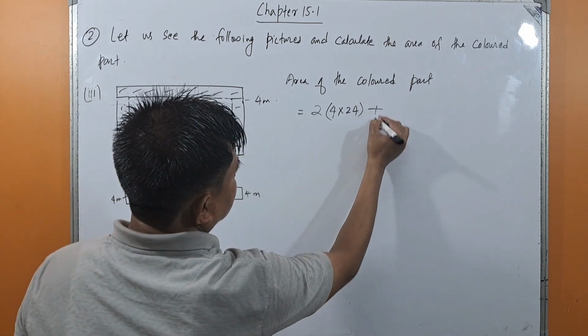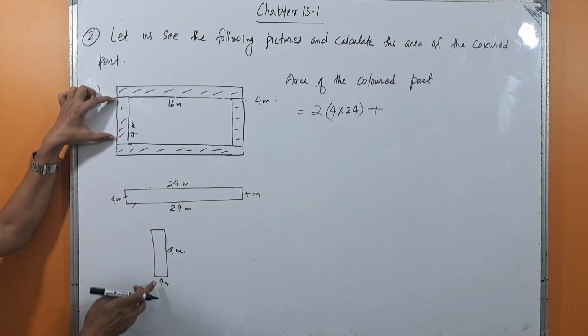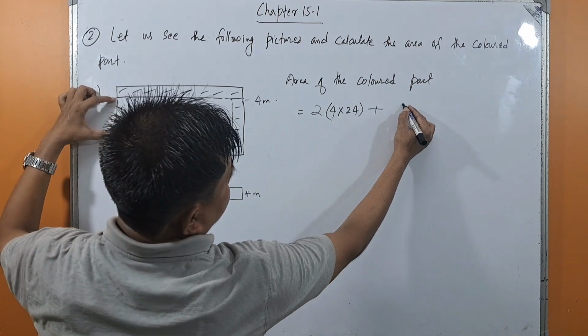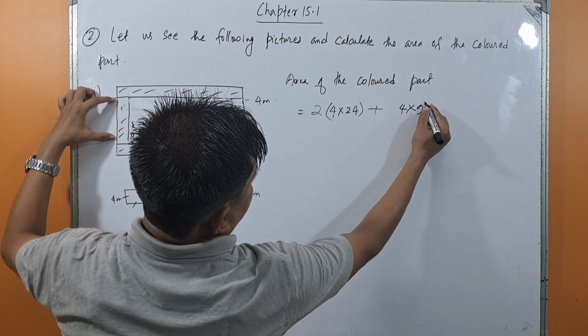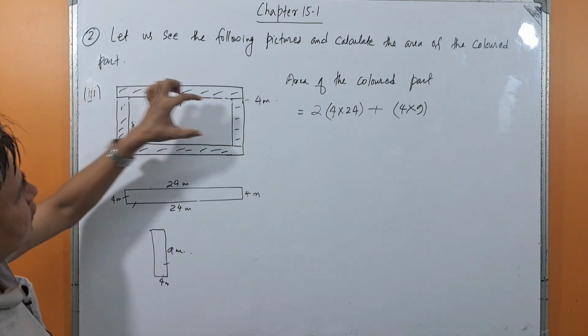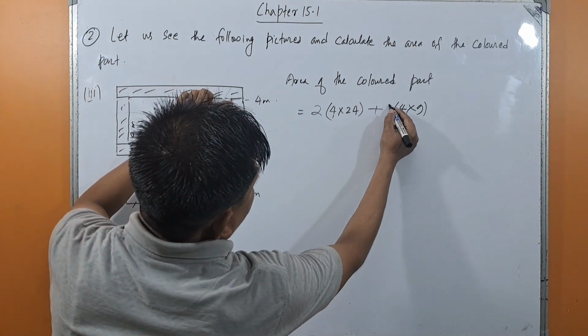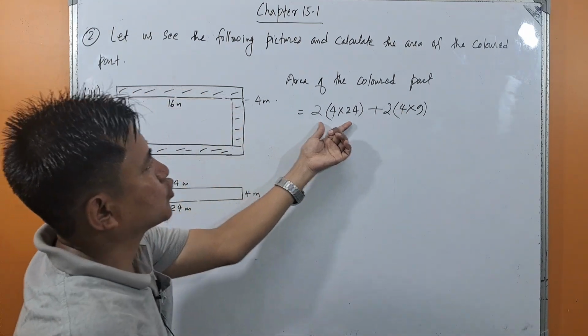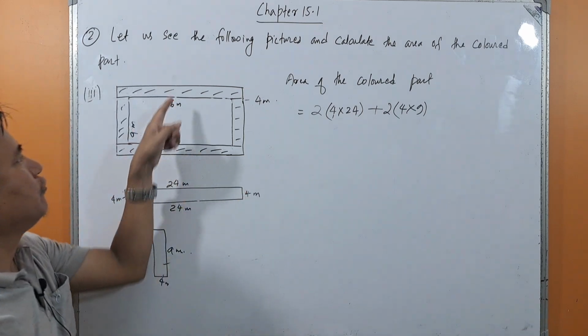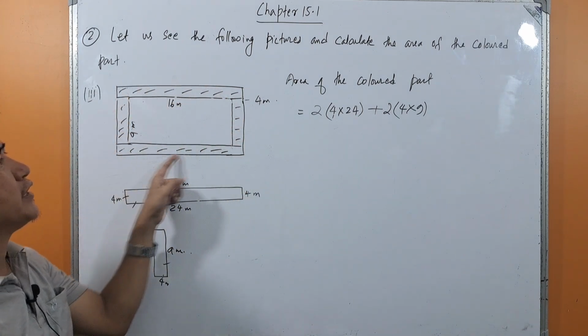Plus the area of this rectangle, we multiply the adjacent sides, 4 into 9. We have a similar rectangle here as well, so we multiply with 2. So we get the total area of all 4 rectangles, meaning the total area of the colored part.